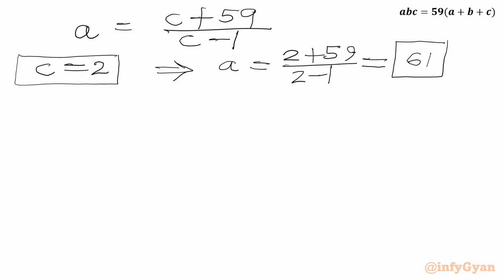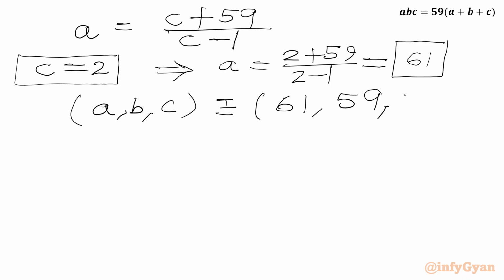So we can write our first triplet A, B, C. In this case, A is 61, B is 59, C is 2, which is our first triplet. Now we will raise the value of C. After 2, we get 3, the next prime number.